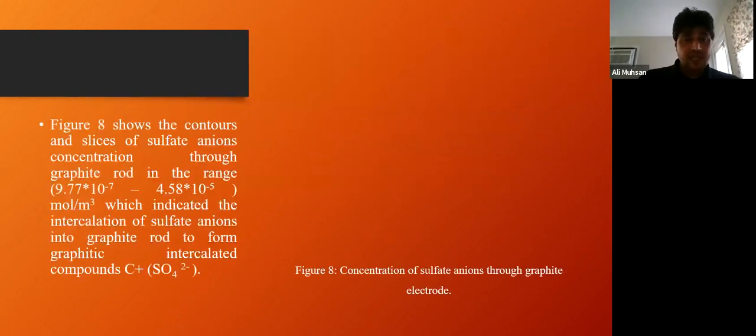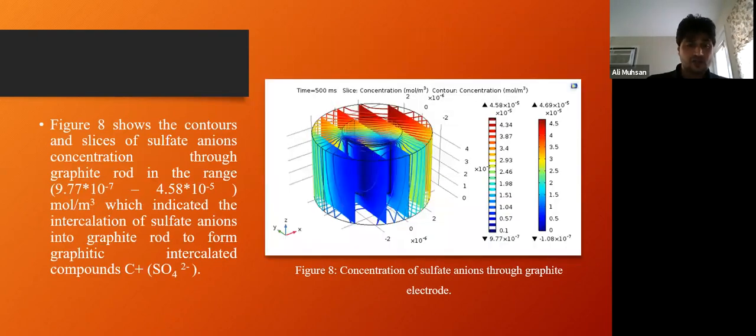Figure 8 shows the contours and slices of sulfide anion concentration through the graphite rod in the range 9.77 × 10^-7 to 4.85 × 10^-5 mole per cubic meter, which indicated the intercalation of sulfide anions into the graphite rod to form graphite intercalation compounds.